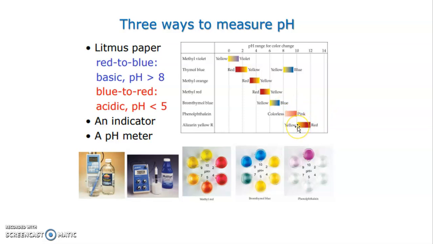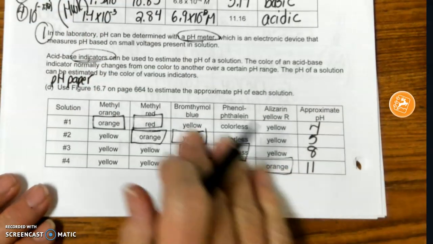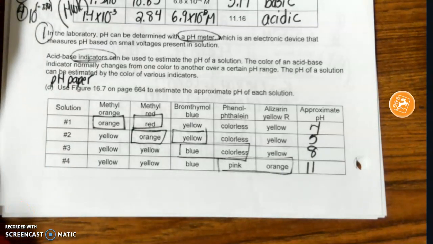But I'm in the yellow-orange range, so it says orange, for alizarin yellow. So that means I'm stopping here. So in that case, that's going to be an 11. So that's why we have to use a combination of indicators to show what the pH is. So again, we're going to be doing all of these methods in order to determine the pH of different solutions in the laboratory.